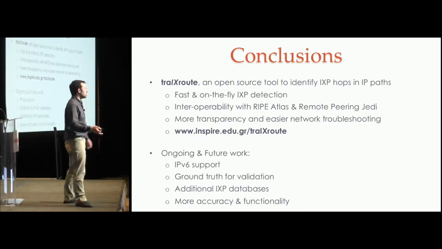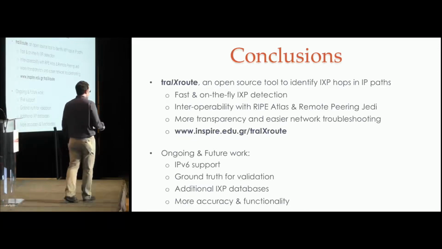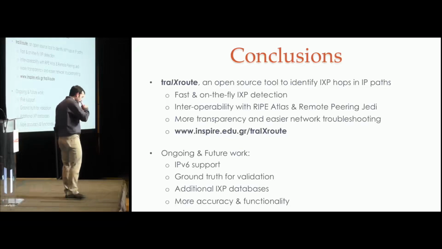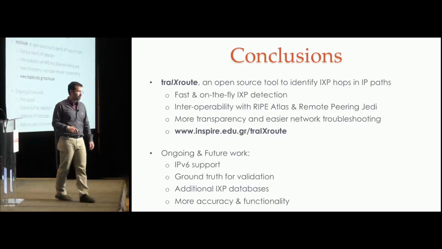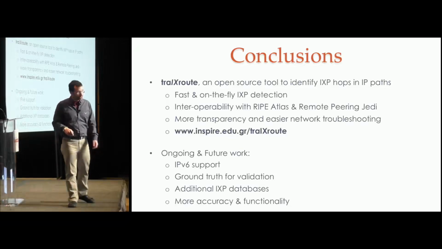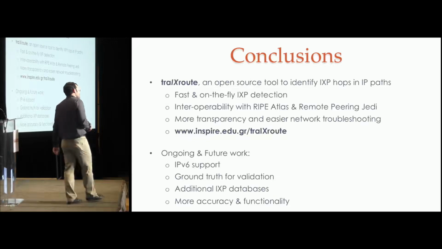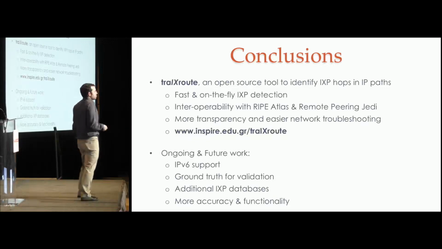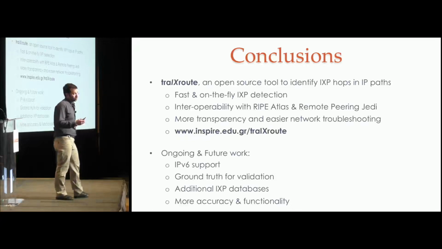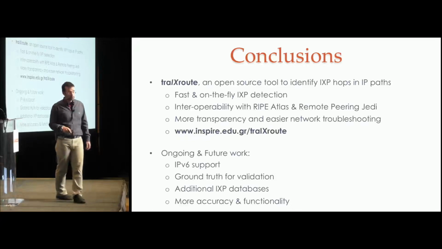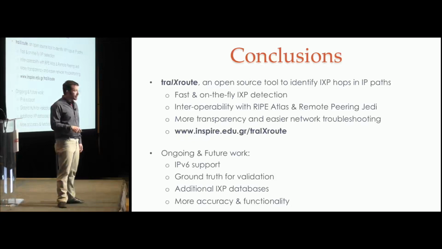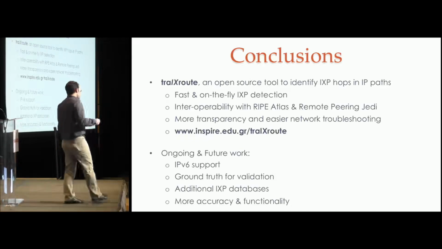This means that you can import every path from every database after a proper conversion in order to analyze it. And then we hope to offer a better level of transparency and a more effective way to troubleshoot end-to-end paths. So for these reasons, we hope this tool will be useful to the networking community.